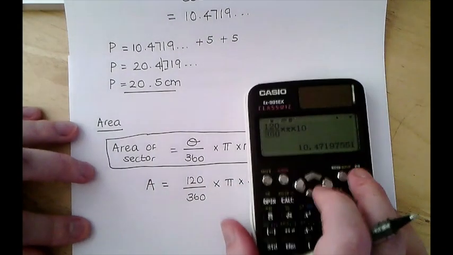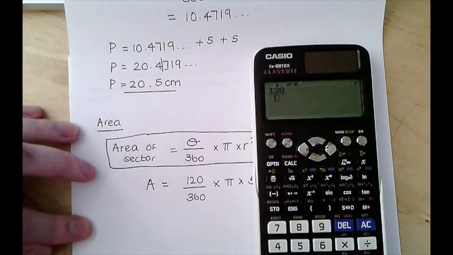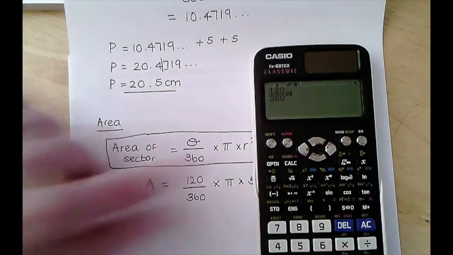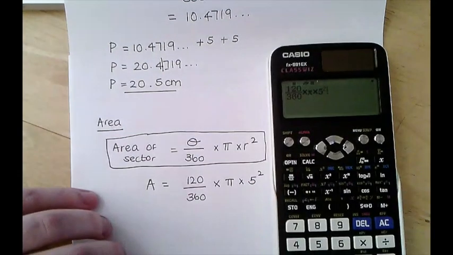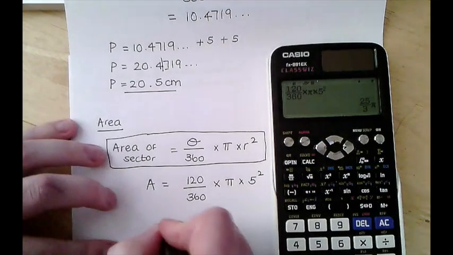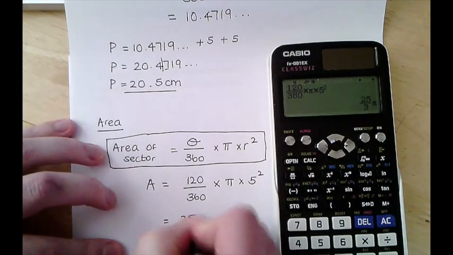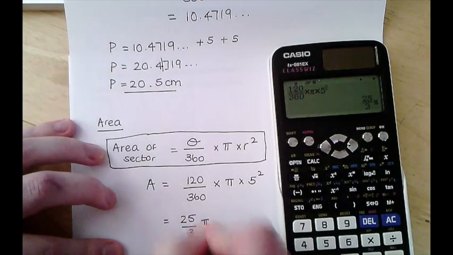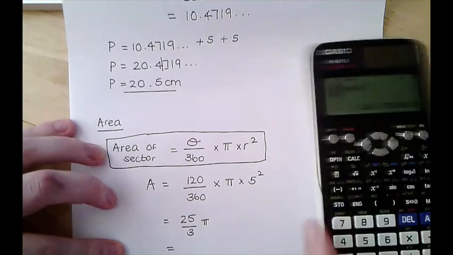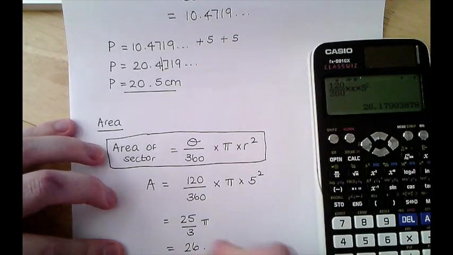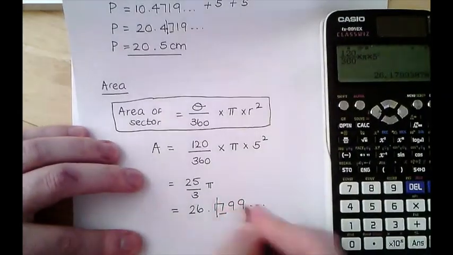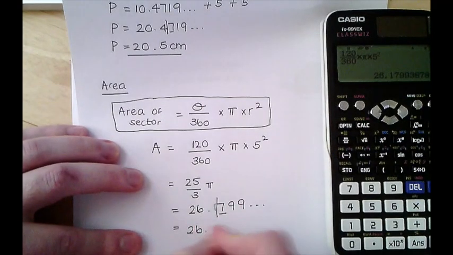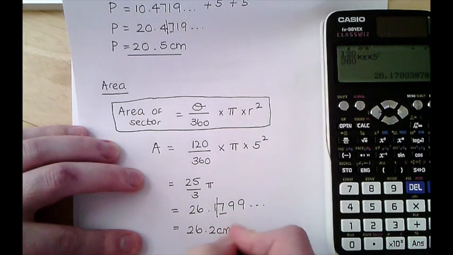Again, stick it in the calculator. 120 over 360 times pi times 5 squared gives you 25 over 3 pi, which is 26.1799, and so on, which to one decimal place again is 26.2 centimetres squared.